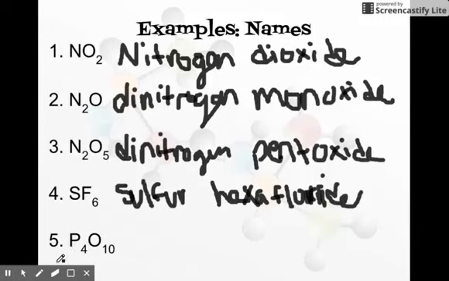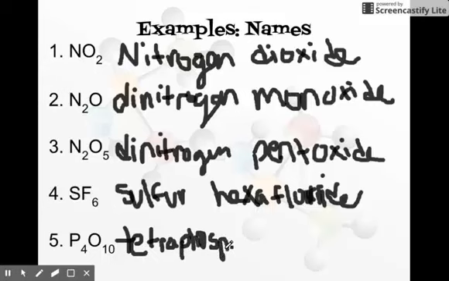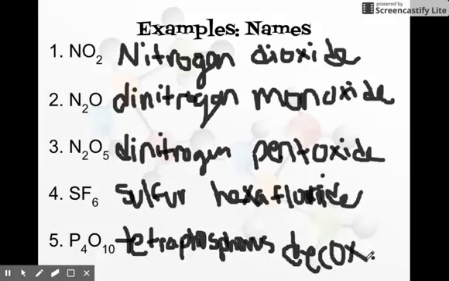And then lastly, we have P4O10. So the prefix for 4 is tetra. And then it's tetraphosphorus. And then the prefix for 10, deca. We're going to leave off that A because we have oxygen. And then oxygen changes to oxide. So tetraphosphorus decoxide.